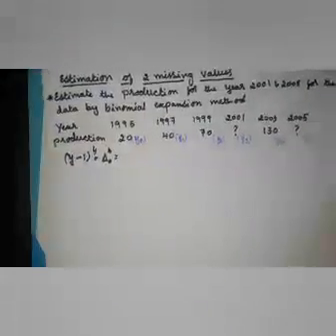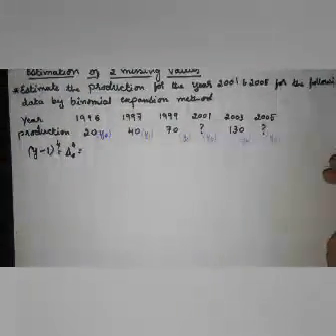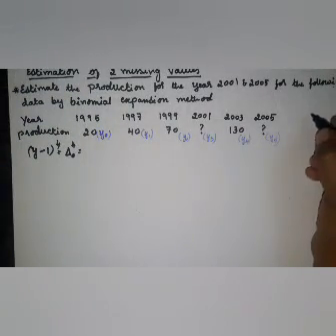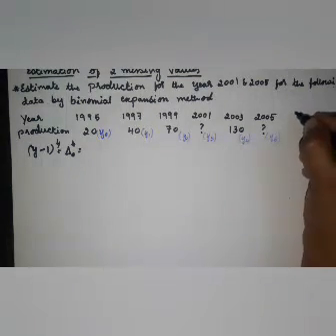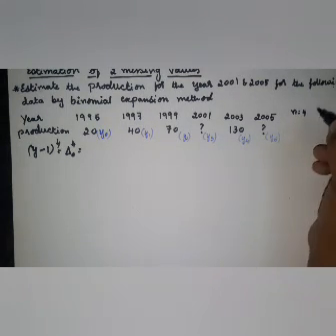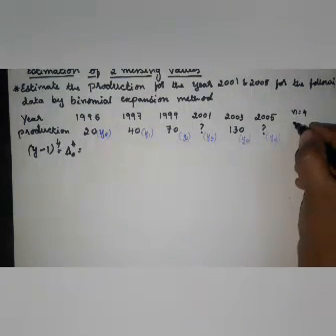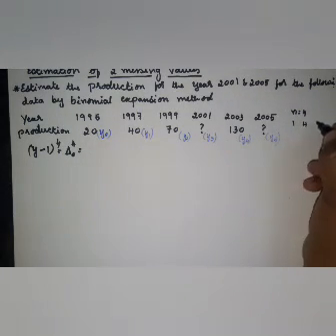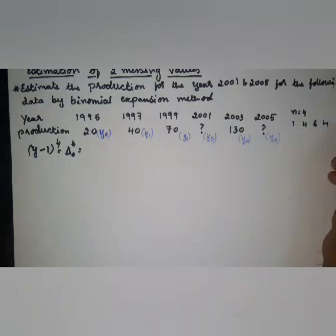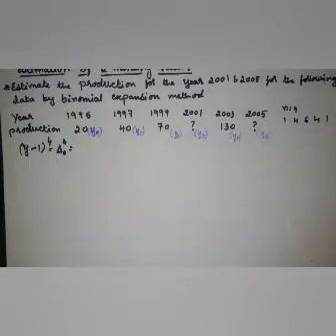You are well aware of the coefficients of Pascal's triangle: when n is equal to 4, the coefficients are 1, 4, 6, 4 and 1.